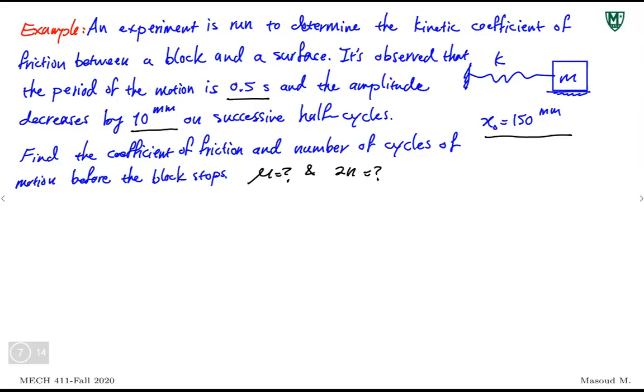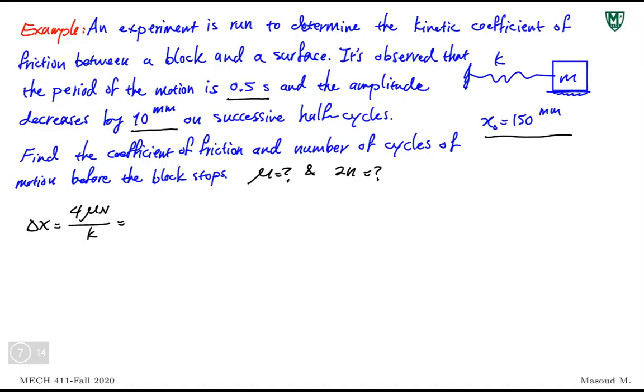So I have the time period. Let's start from what I know. I know the amount the amplitude is decreased, so I know delta x. And I said delta x is 4 mu n over k.